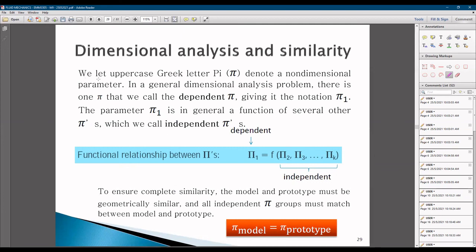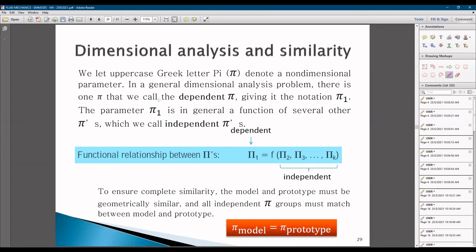Now, this is more interesting. We let the uppercase Greek letter pi denote a non-dimensional parameter. Later on we will look into the pi theorem. For now we just want to highlight what this term really is. Pi denotes a non-dimensional parameter in a general dimensional analysis problem.